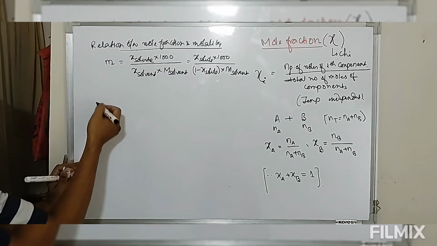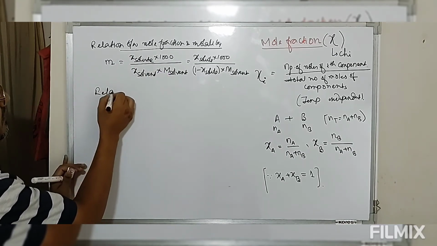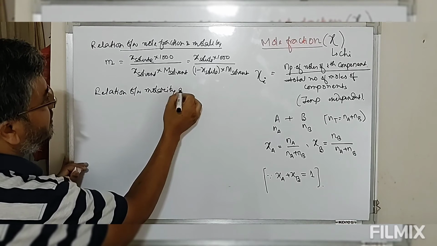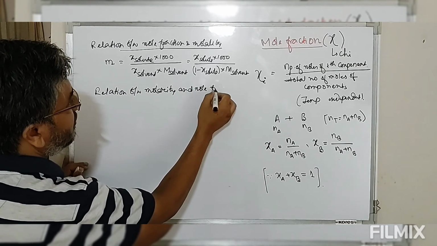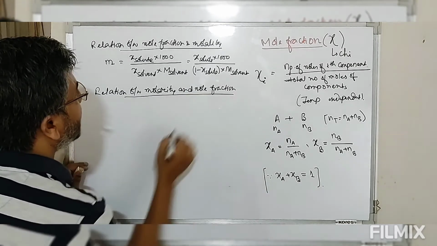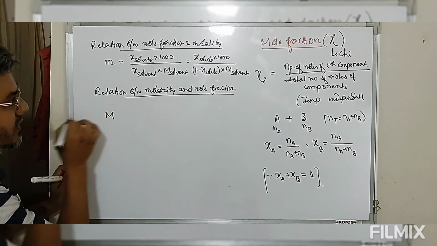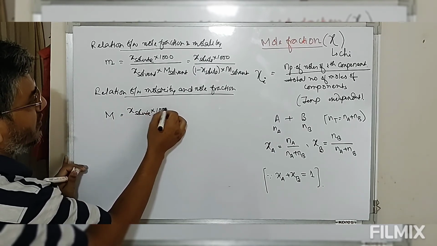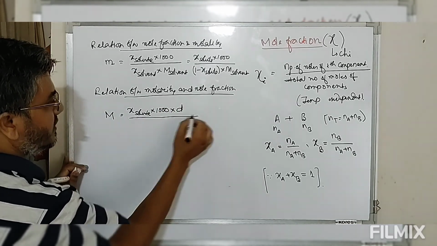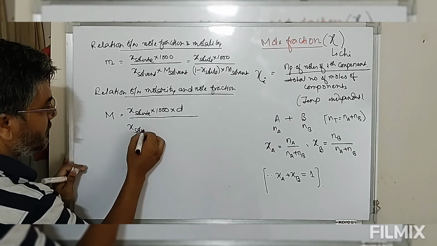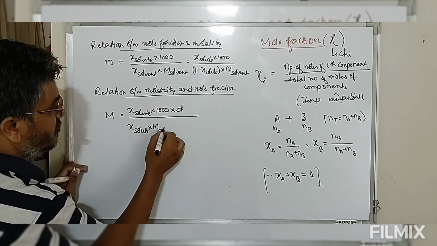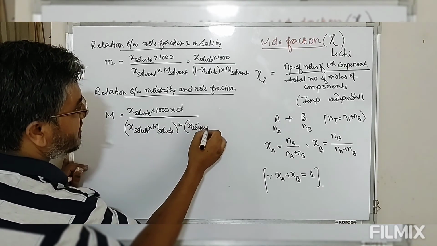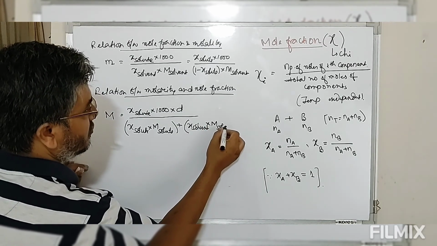Similarly, we also have a relation between molarity and mole fraction. Molarity capital M is equal to mole fraction of solute into 1000 into density divided by mole fraction of solute into molar mass of solute plus mole fraction of solvent into molar mass of solvent.